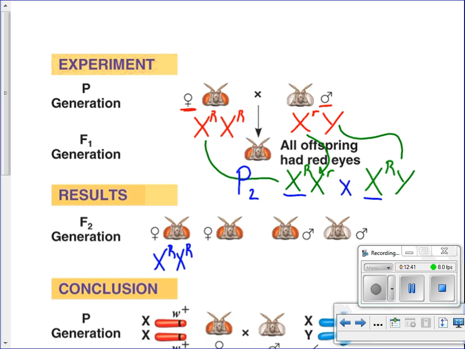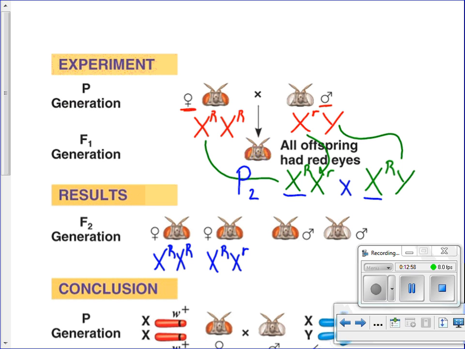We can take the capital R from the male and the lowercase r, X lowercase r, from the female. These female flies will have the same phenotype. They will have red eyes as well because they have at least one copy of the dominant allele.